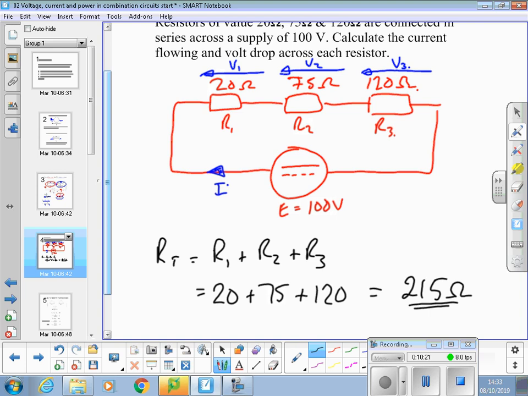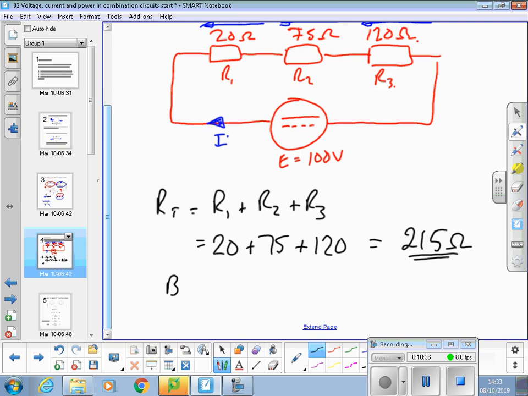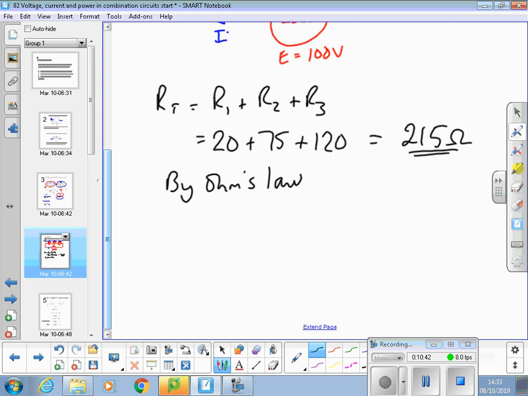Ohm's law. What can we do now with Ohm's law? Now we know RT. What can we find now? So we can find, using Ohm's law, I is E over the total resistance.